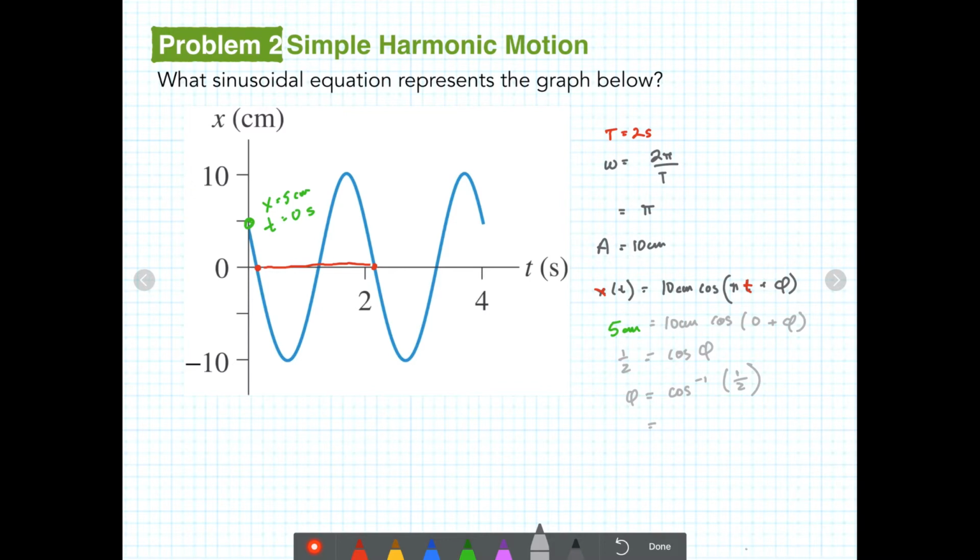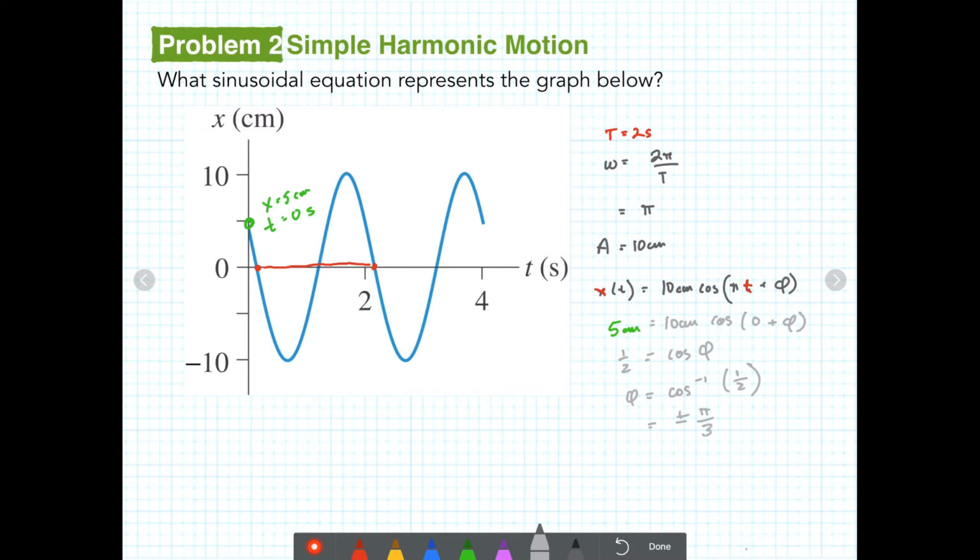All right, so, anybody get it? Cosine inverse of 1/2, that should give you plus or minus pi over 3.